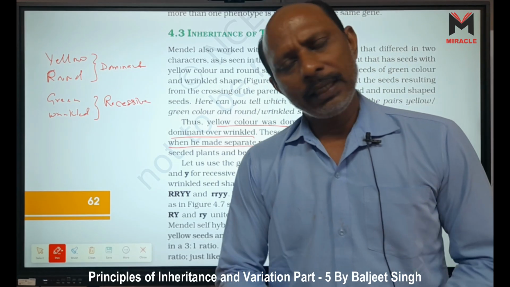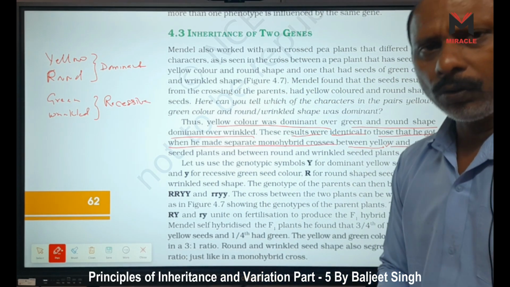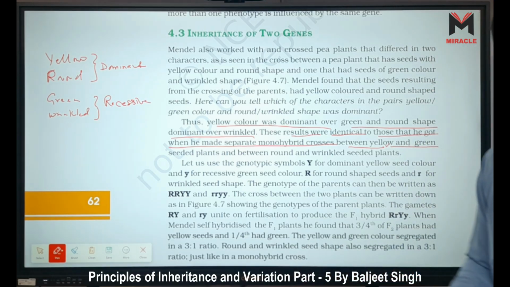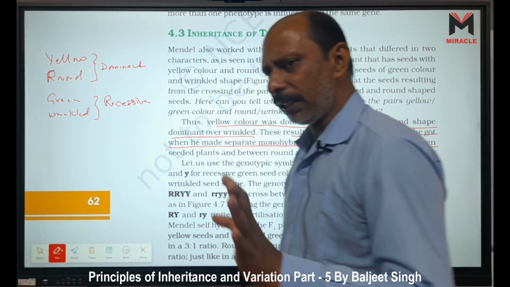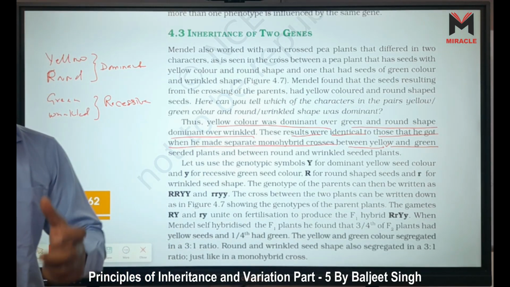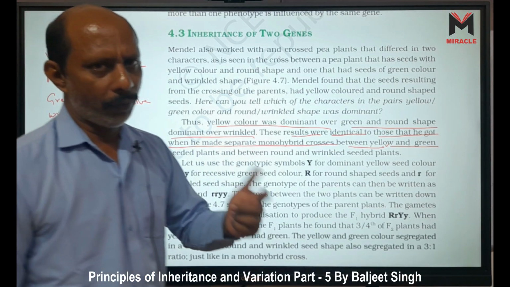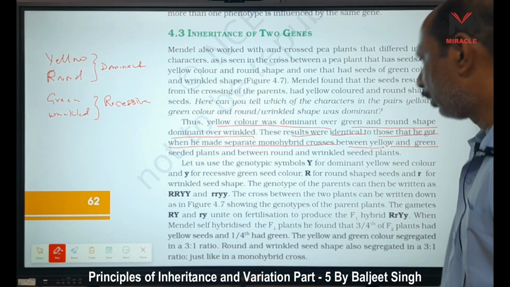In the F2 generation he got a 3:1 phenotypic ratio, 3 yellow and 1 green, and genotype means 1 pure yellow, 2 hybrid yellow and 1 green, in the case of a monohybrid cross, right?